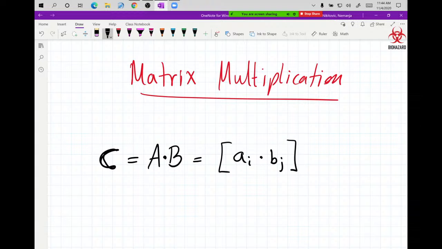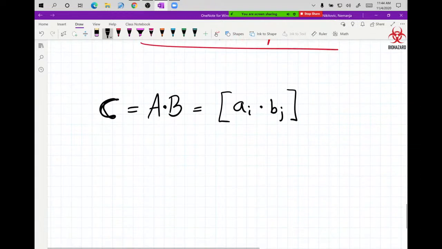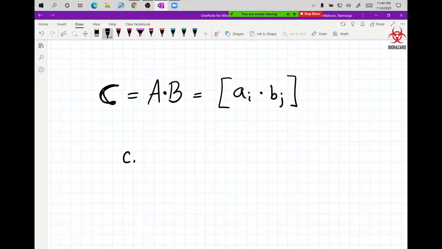and you write them in the corresponding locations. Now, there is also another way to say that the C_ij, which is a location of the product, and this is the formula that I'm going to circle, is the summation, k goes from 1 to p, of all a_ik times b_kj.